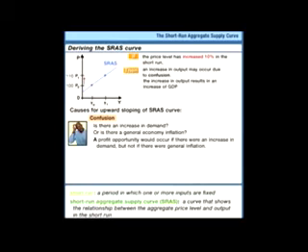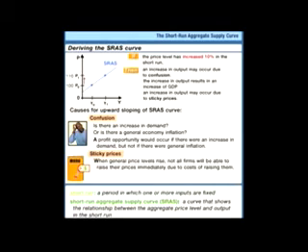The second possibility is what we call the sticky price theory, or the sticky price explanation. The sticky price explanation says this, that when the general price level is rising, not all firms are going to be able to raise their prices immediately because it's costly to raise your prices. One cost might be the cost of printing a new menu.